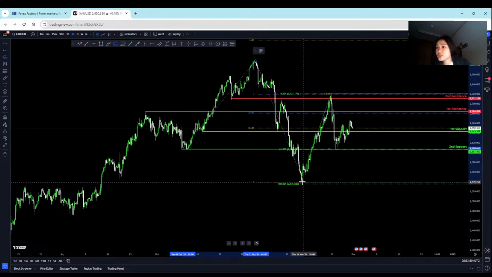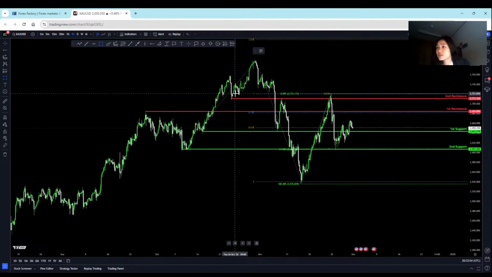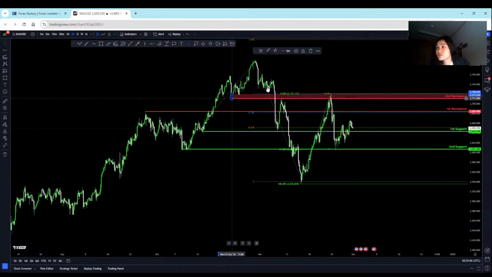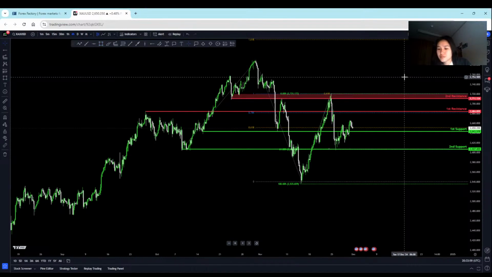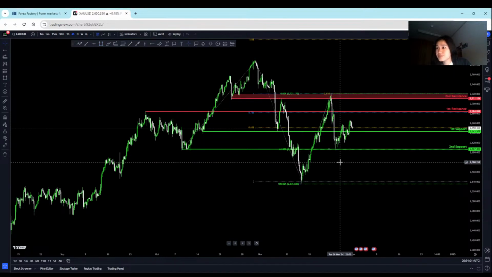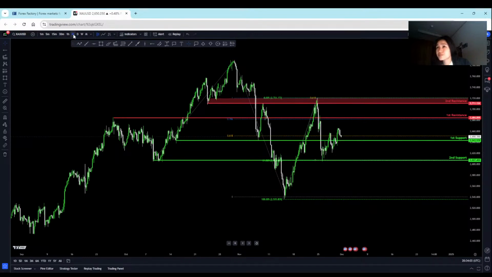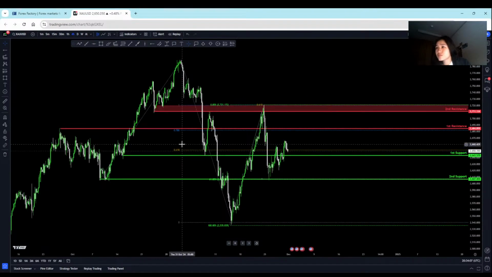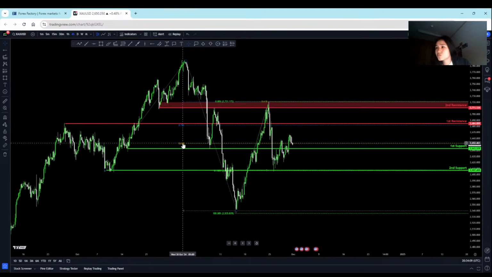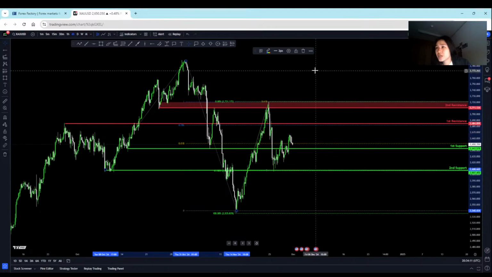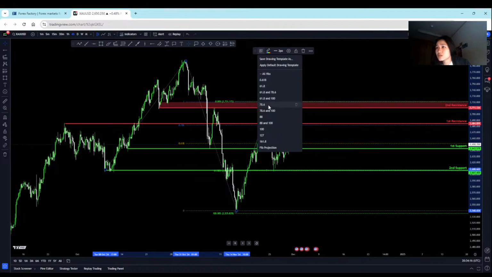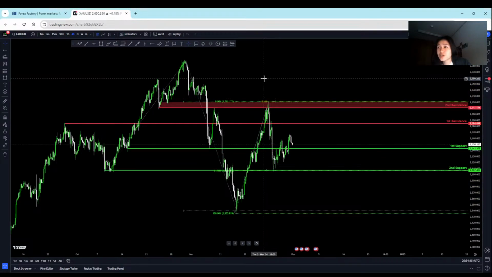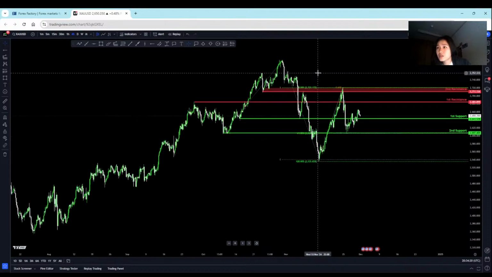My 100 also lines up nicely with my second resistance, so I'm just going to highlight this level here. My 78, prices have already broken out of that, so I'm removing that.